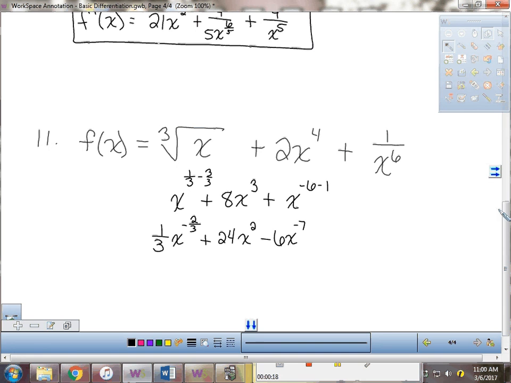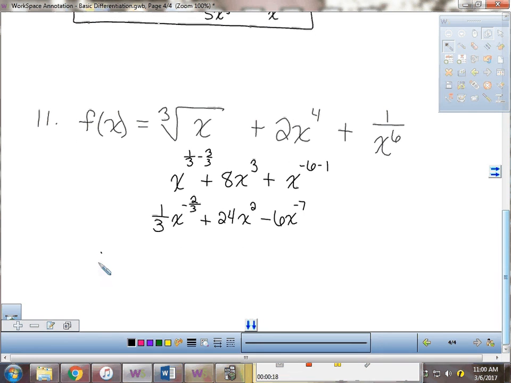Now you just need to get rid of those negative exponents. So you have f prime of x is equal to, this x to the 2/3 will move to the bottom, so this would be 3x to the positive 2/3. Nothing wrong with your 24x to the second.